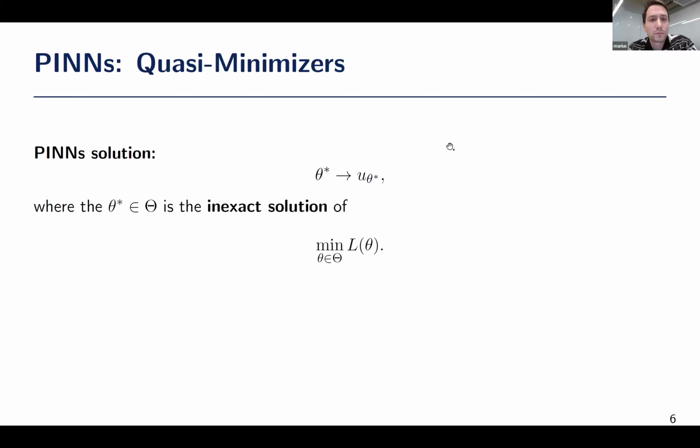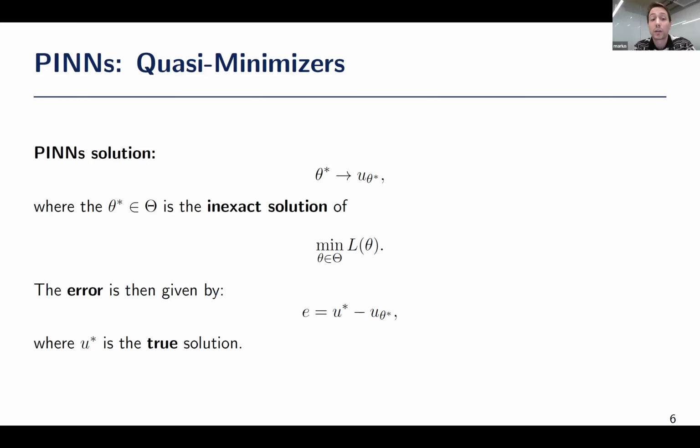Then it is important that when you're minimizing L, after your optimizer of choice, you end up with theta star and a corresponding function u_theta star. You cannot assume in practice that theta star is actually the solution of this minimization problem. Rather, you get a quasi-optimizer. This is important to realize in the error analysis later, that we cannot assume that we're solving this problem exactly, but maybe we're getting close.